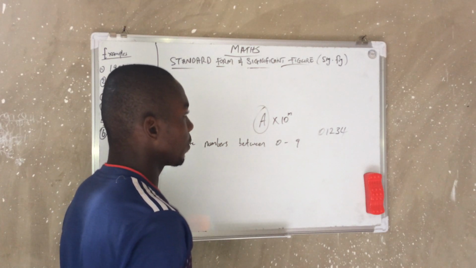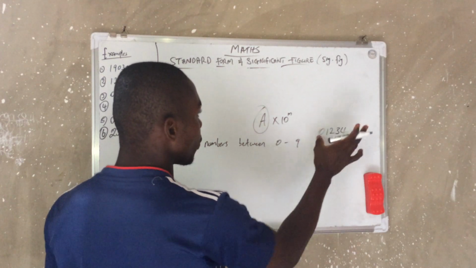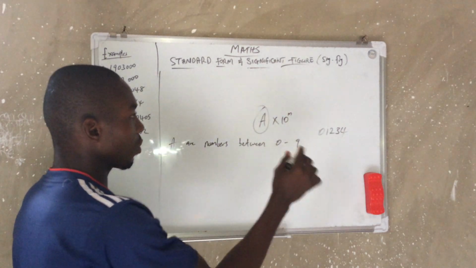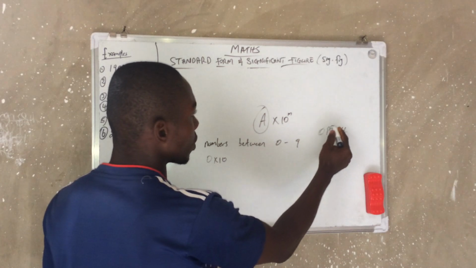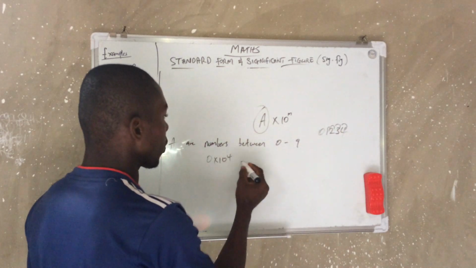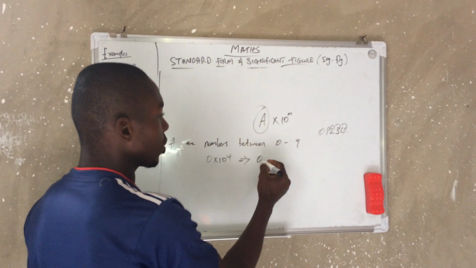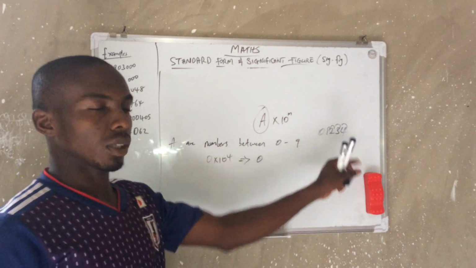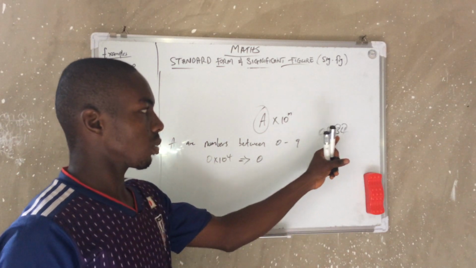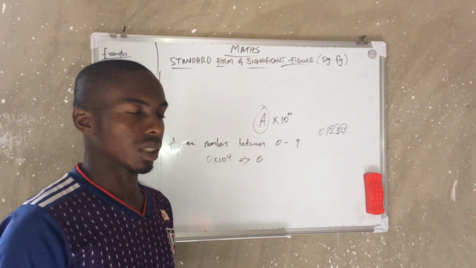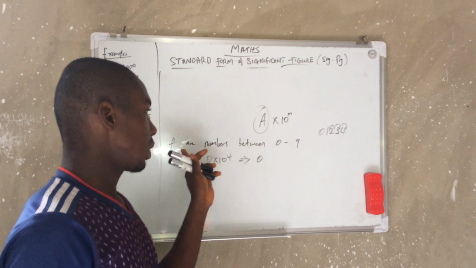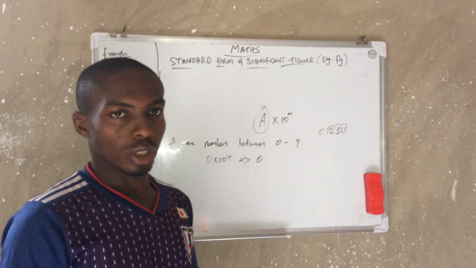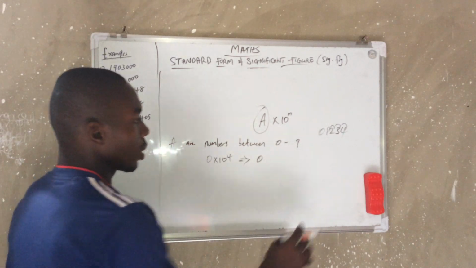And if we want to put this in standard form, we write 0 times 10 raised to the power 4. Actually, this is returning what? 0. But this number is not 0. This number is 1234. Now, you see that this actually did not work.